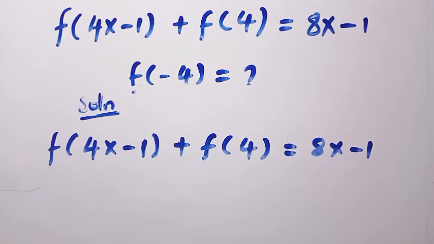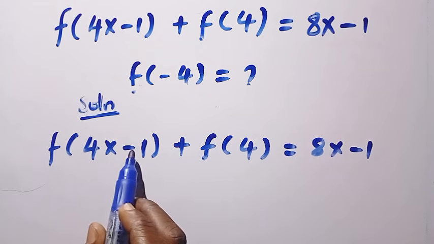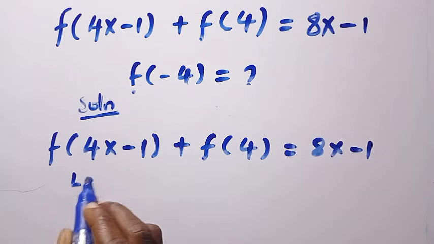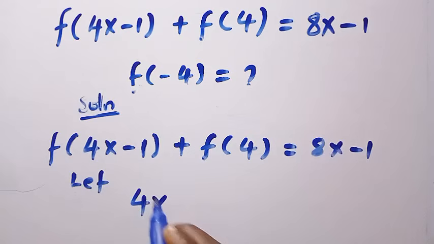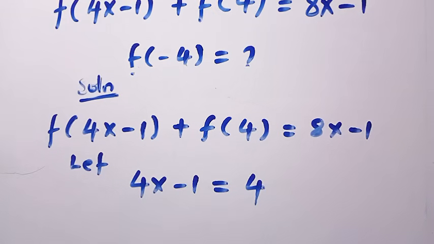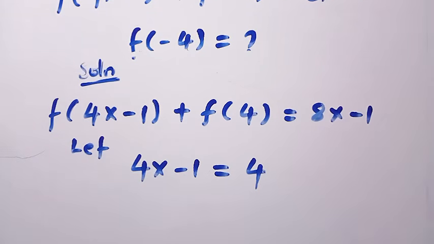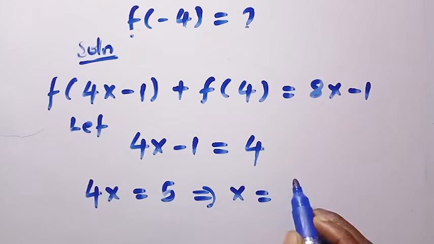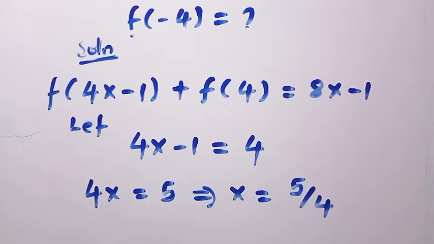For the first one, from f of 4x minus 1, which is the domain of this first f, if I let 4x minus 1 be equal to 4, then I want to make x the subject of the formula. We transfer 1 to the other side, so we have 4x equals 5, which implies that x equals 5 divided by 4.